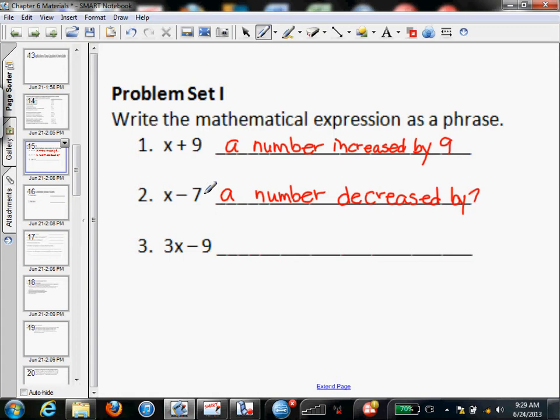Okay, so we're going to go a little bit further and say 3x minus 9. So a number is going to be in there, multiplied by 3, and it's going to be taking 9 away.